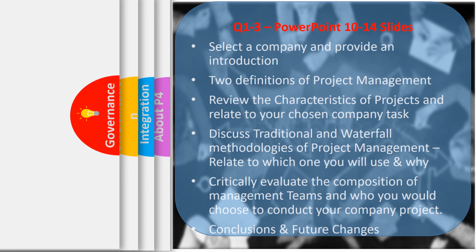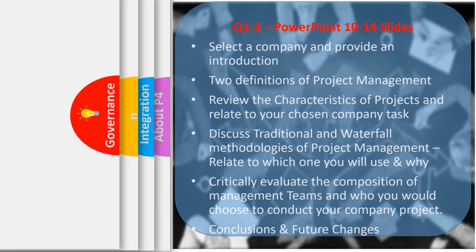I'm saying that you need to provide 2 definitions of the project and then give some of your own views. Review the characteristics of the project and relate this to your chosen company task. Okay, so we're looking at the characteristics of the project, and then the role of the project manager in those projects in terms of his skills and traits.